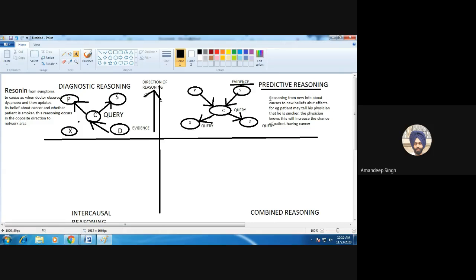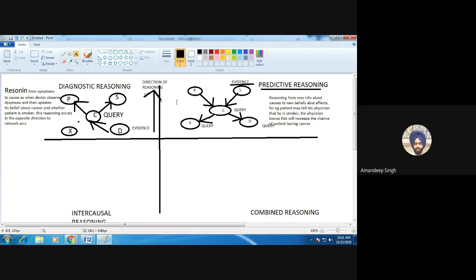So here, evidence is given in the form of this information, that the patient is a smoker, and from this the physician will try to predict the probability of having cancer for that patient, and further the chances of the patient having shortness of breath and having positive X-ray reports giving the positive report about the cancer.